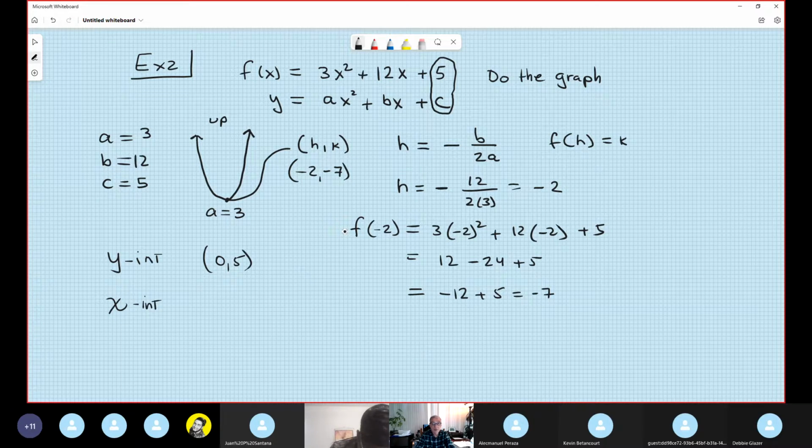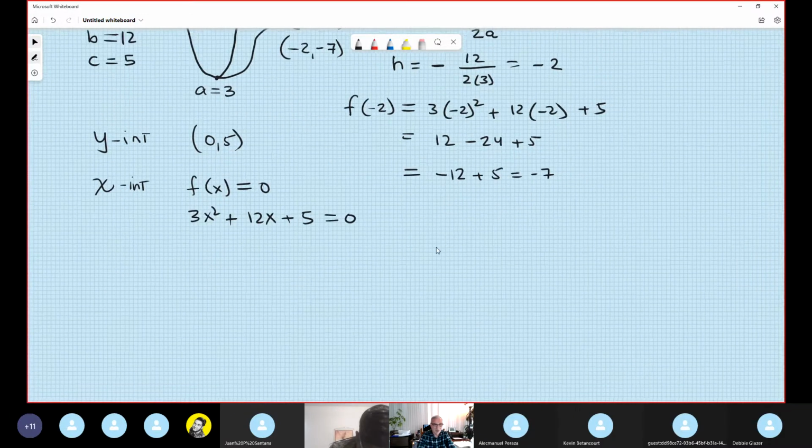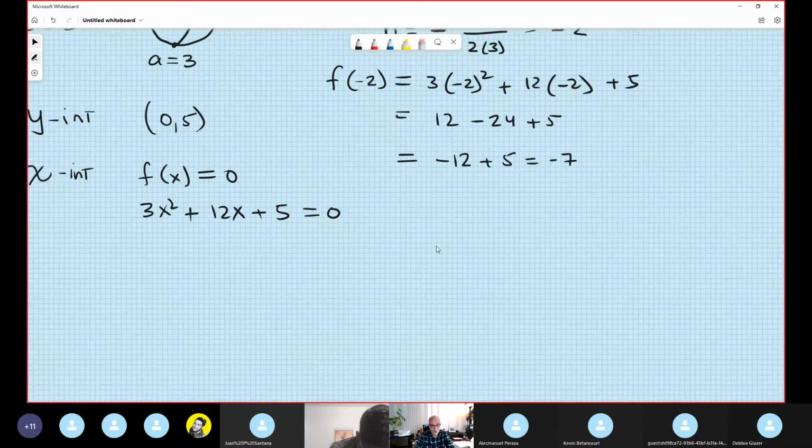You apply the quadratic formula for finding the intercept. Let's try. Is f of x equal to 0? In other words, is 3x squared plus 12x plus 5 equal to 0? So you solve this equation. This is nothing for us. In chapter 1, we did a lot with the formulas of the quadratic equation.